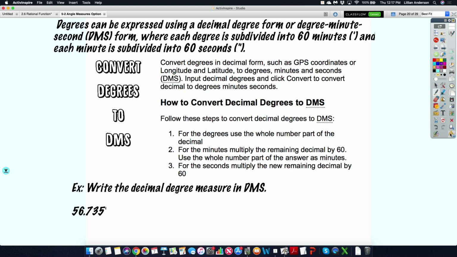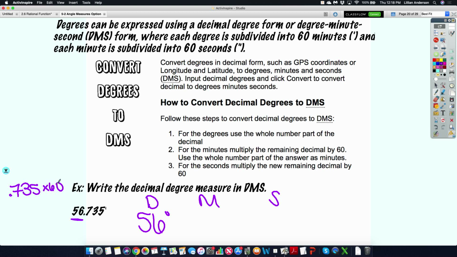But one thing I did mess up on, that 56 is still the degree. I take that remaining decimal, include the decimal, and multiply it by 60.